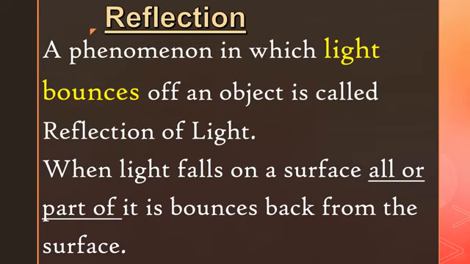A phenomenon in which light bounces off an object is called reflection of light. When light falls on a surface, all or part of it bounces back from the surface.